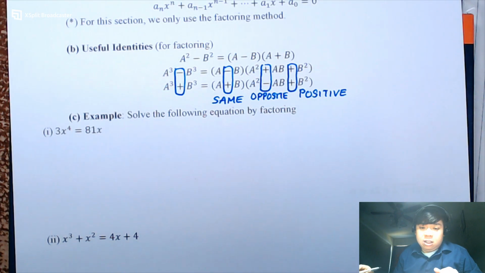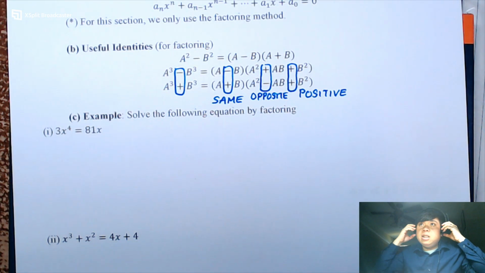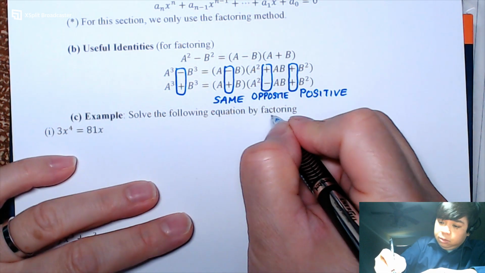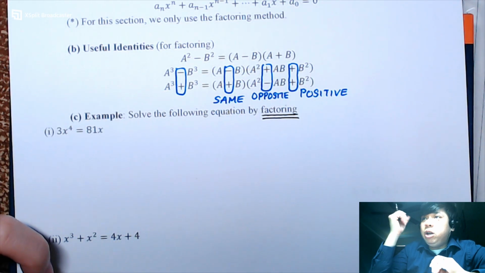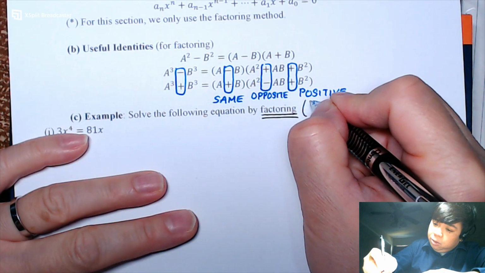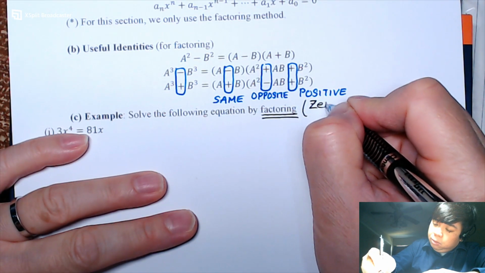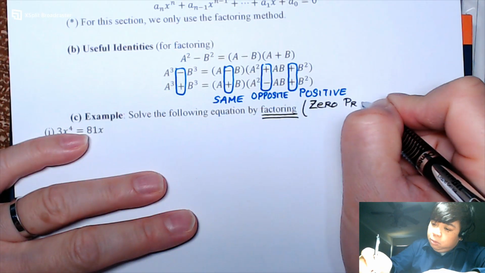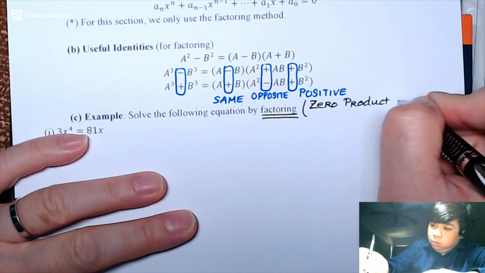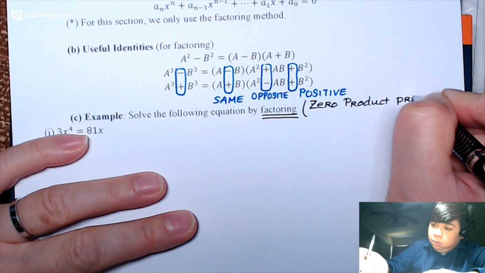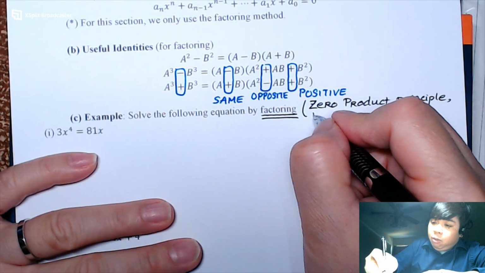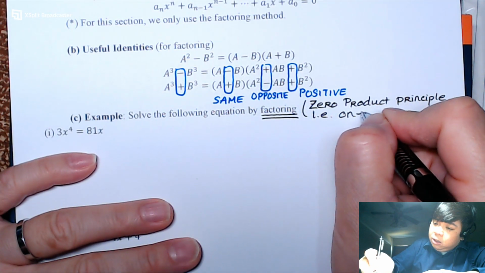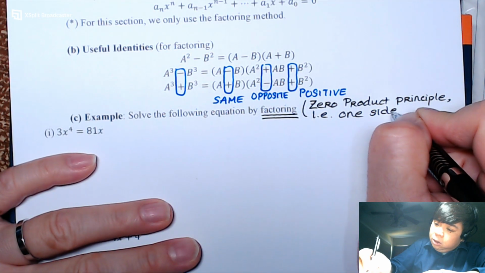Now how do we solve it? Again, by factoring. Factoring means the zero product principle, meaning one side is equal to 0.